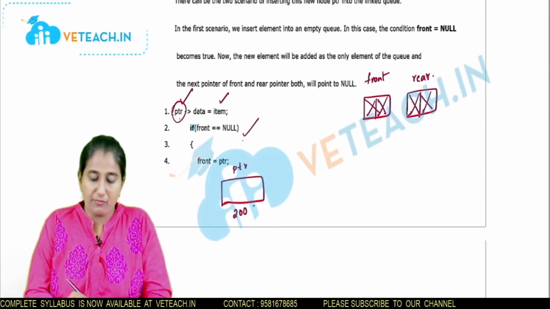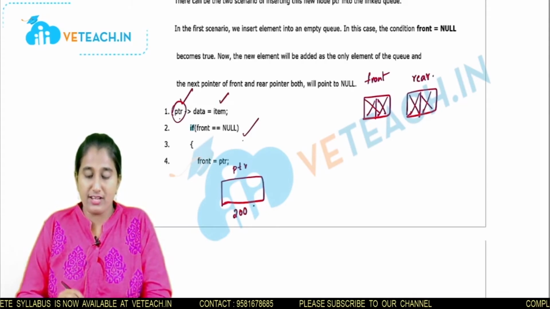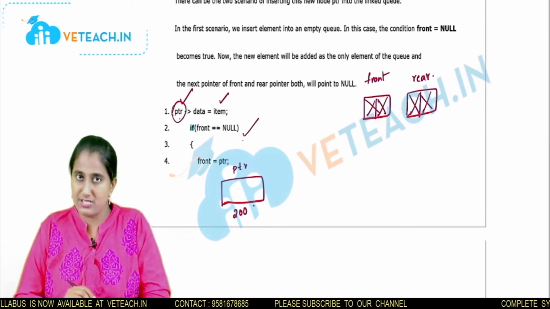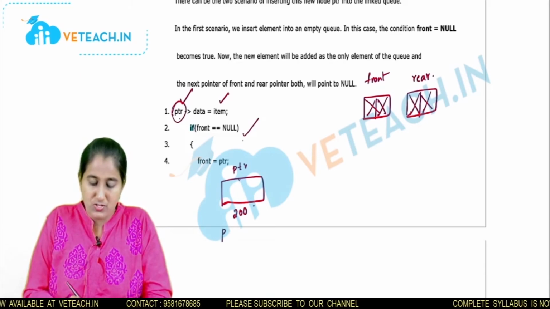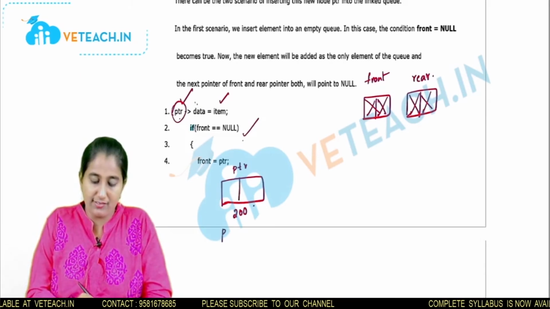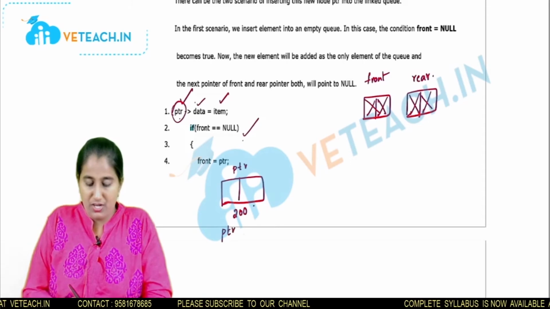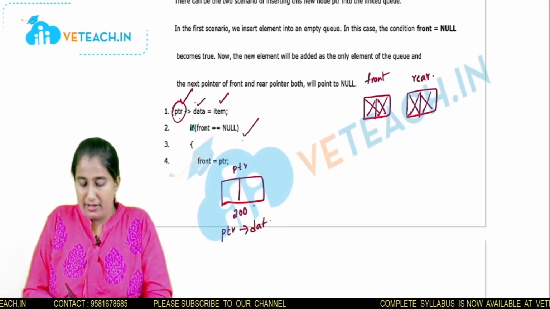Now, what is the value we are assigning? Item. Item is nothing but the elements, whatever it may be. In which field are we going to insert? The data field. So PTR points to data.